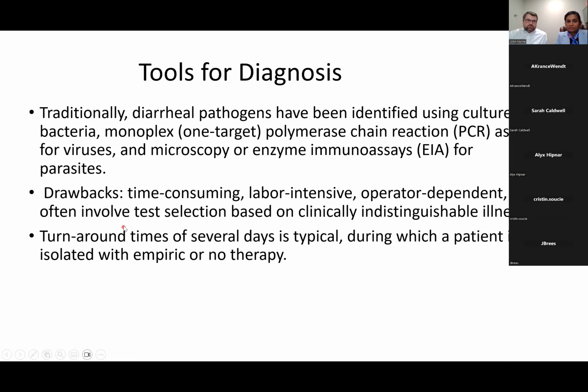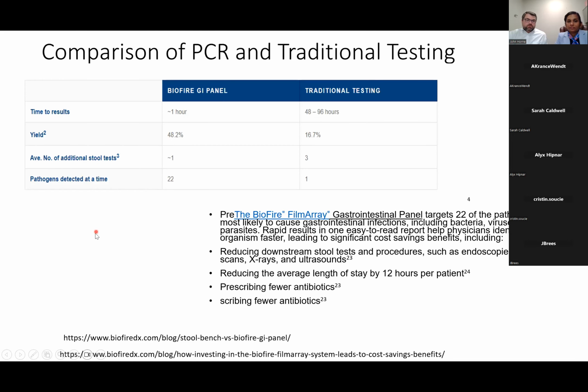In the past, the drawbacks were that it was time consuming, labor intensive, operator dependent, and often involved test selection based on clinically indistinguishable illness. Diarrhea is diarrhea, so it's hard to say what's causing it. What are they looking for? And if they find something, is it important? Turnaround times of several days were the norm, and they still are for most methods.